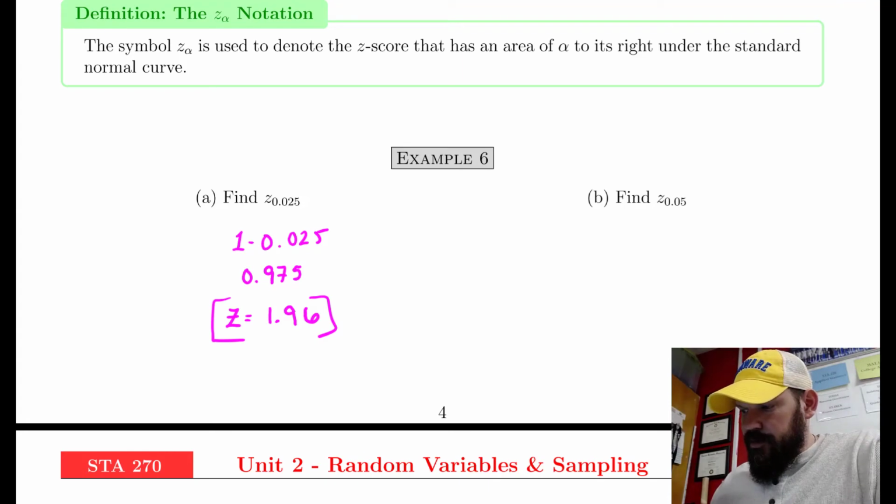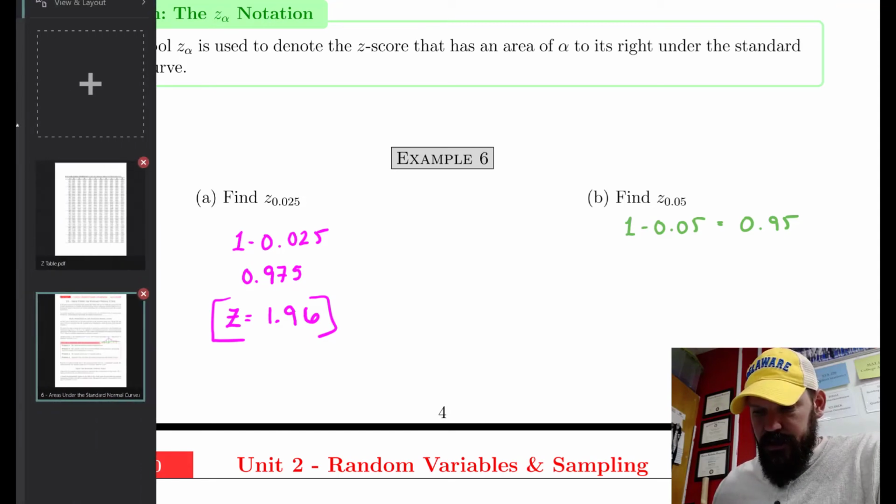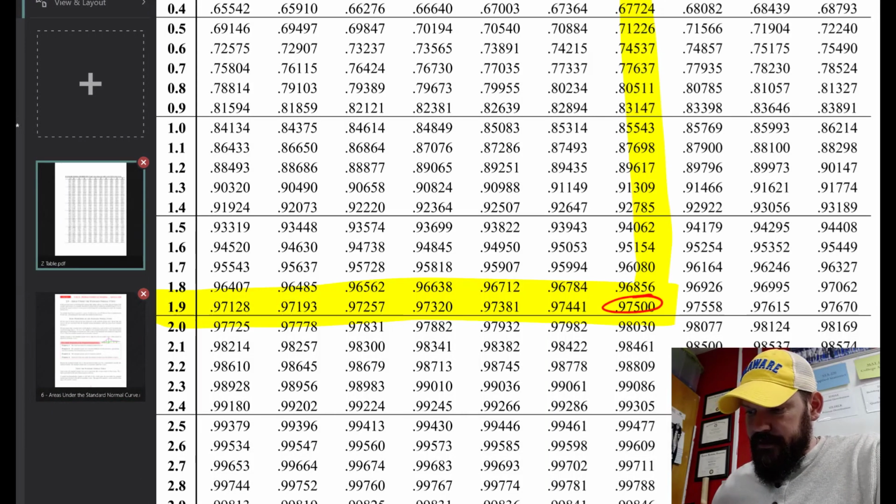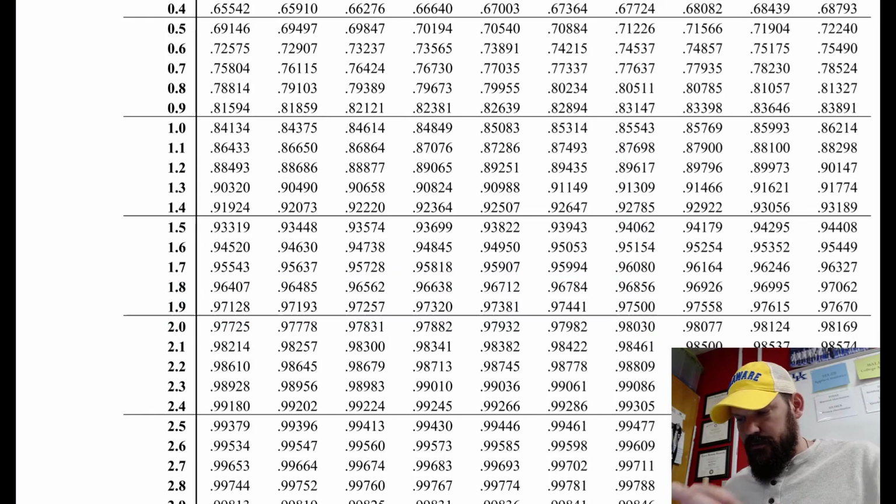Then on part B, we're looking for z sub 0.05. So we have 1 minus 0.05, which is going to be equal to 0.95. We go back to our table and look for 0.95 in the middle values of the table.